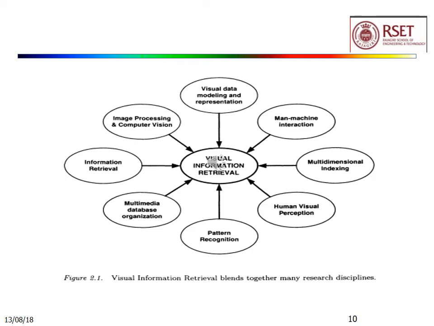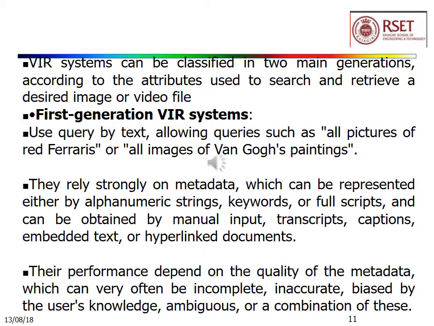For information retrieval and database organization, like fingerprint, iris or face, everywhere we can apply content based image retrieval. Also pattern recognition, human visual perception, man machine interaction, multi-dimensional indexing, visual data modeling and representation, all can apply CBIVR.